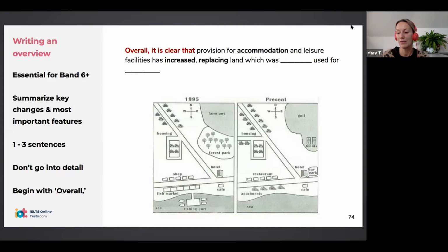A little bit like earlier, formerly, or previously used for, or once used is good as well, for agriculture, which is a nice way to describe that. Forestry and commercial something, what do you think? It could be commercial purposes. Commercial fishing, okay, so if you look at the port, that's gone, so that's commercial fishing.